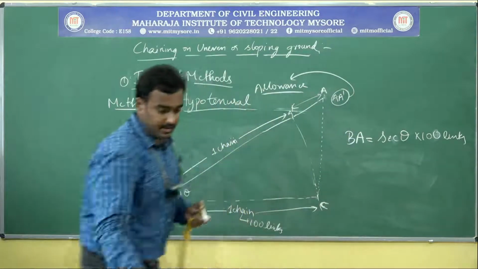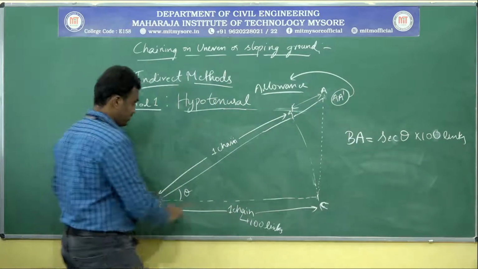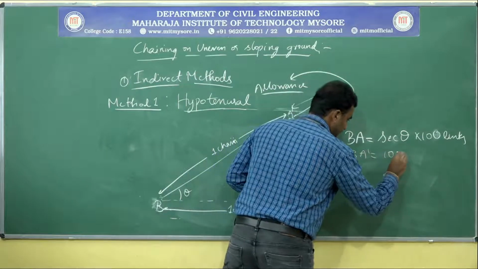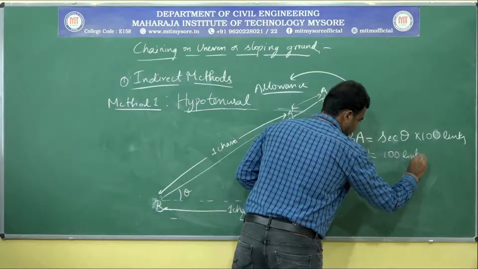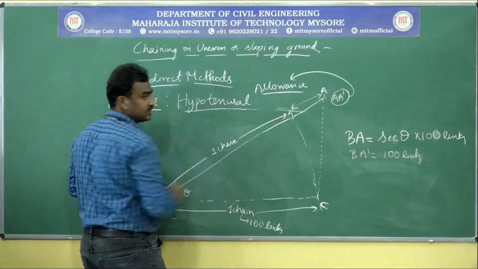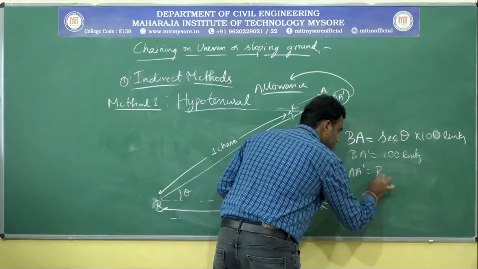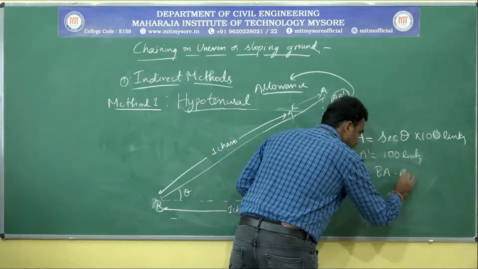Then in order to find out, we know that BA dash is equal to 100 links. So A dash is nothing but BA minus BA dash.